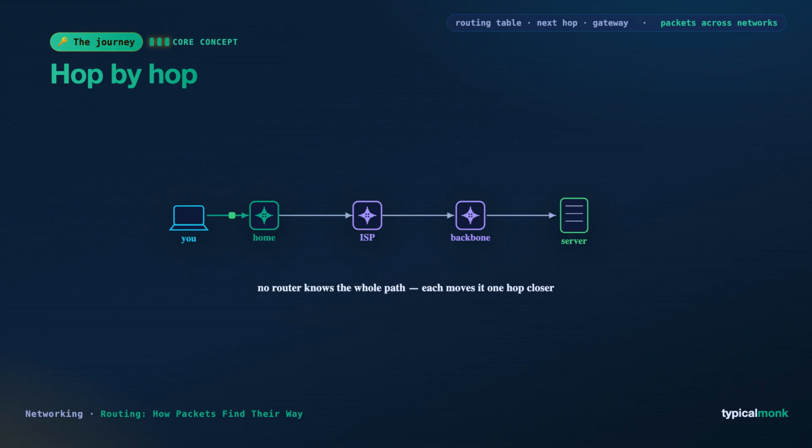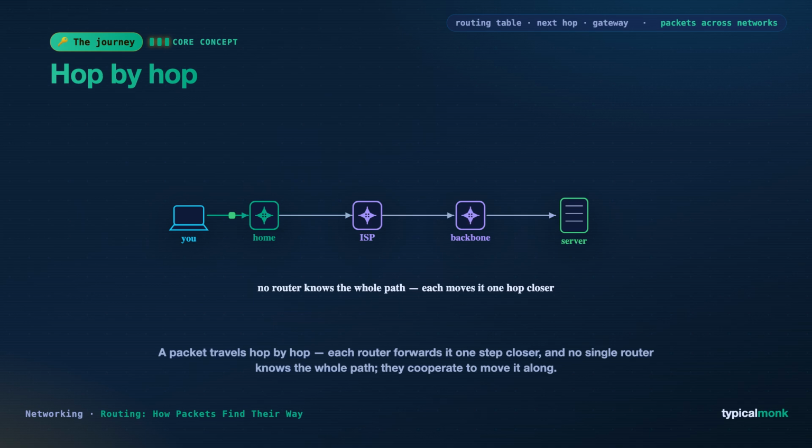Each one knew only its next hop. The full route emerged from many independent local decisions, each router contributing one step. That is the profound elegance of routing: a globe-spanning path, assembled hop by hop, with no central map and no router needing to understand the whole. From simple, local rules, worldwide reach.